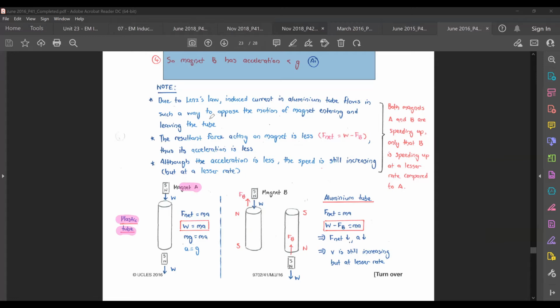I know that magnet A would have its own magnetic field, but when it falls, would there be any EMF induced inside the plastic tube? Plastic tube is an insulator, mind you. Would there be any induced current? Can current flow inside an insulator?